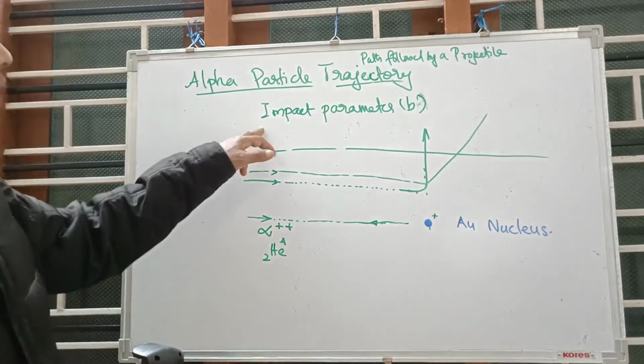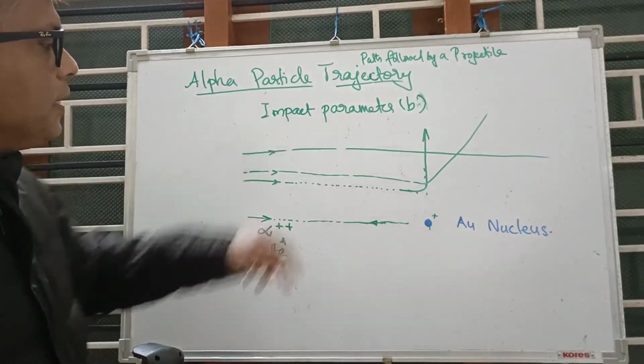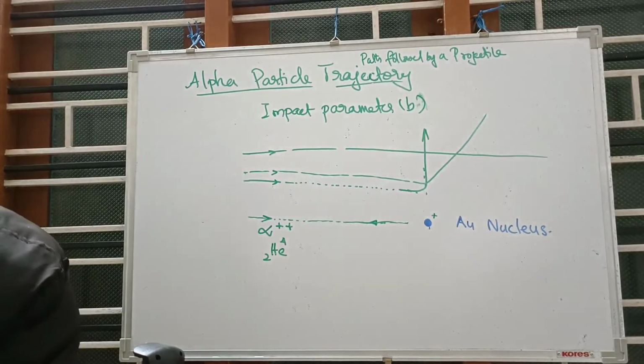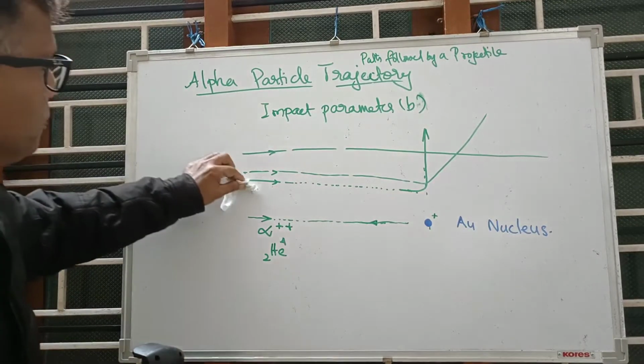So the impact parameter B, I am just removing the remaining ones and taking only this one.